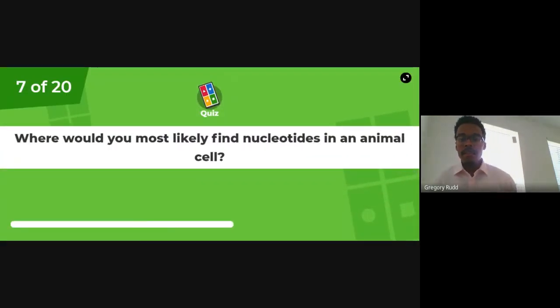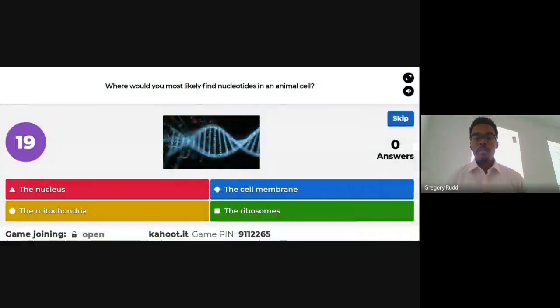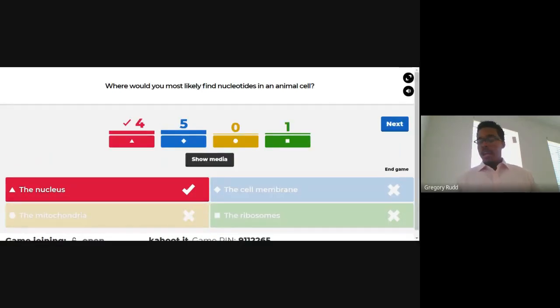Where would you most likely find nucleotides in an animal cell? Think about it, nucleotides. Okay, so nucleotides are the subunit. They are the building block.